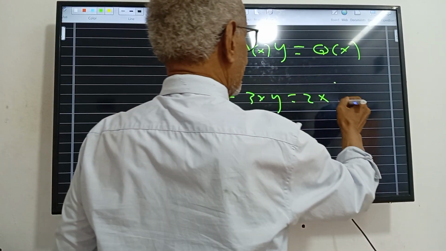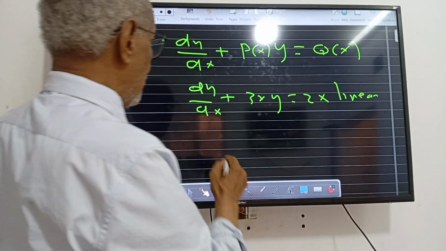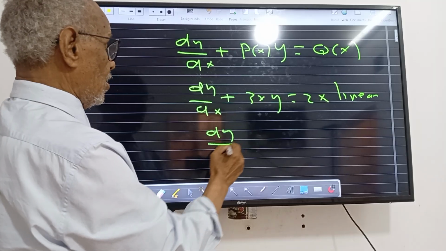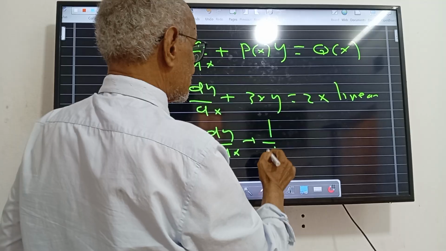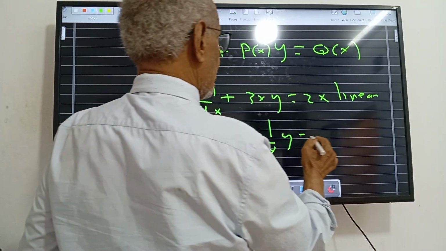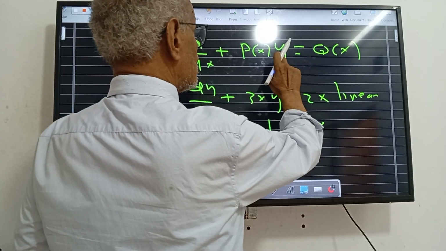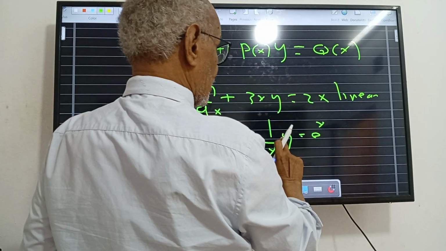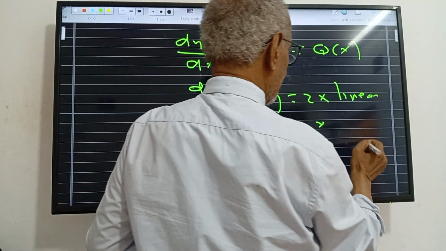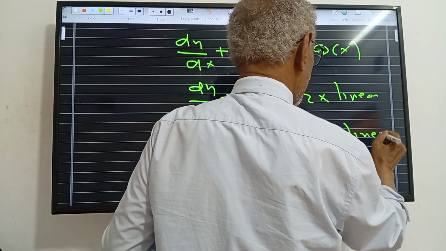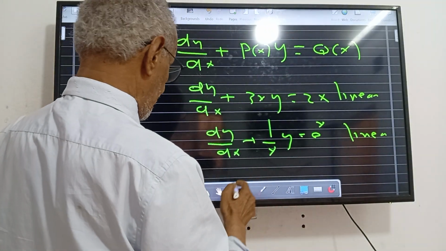So this is linear. Again, dy over dx plus 1 over x times y equal e to the power x. Also, y here is the same as y in the general form, y raised to 1. So this is linear also.